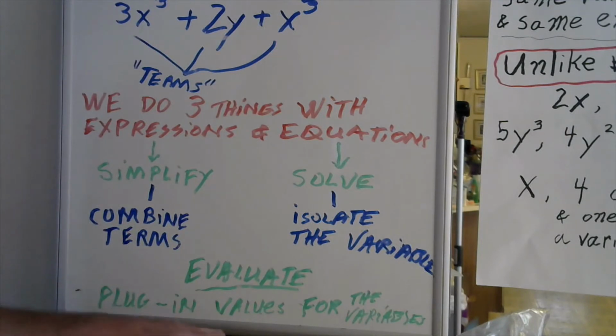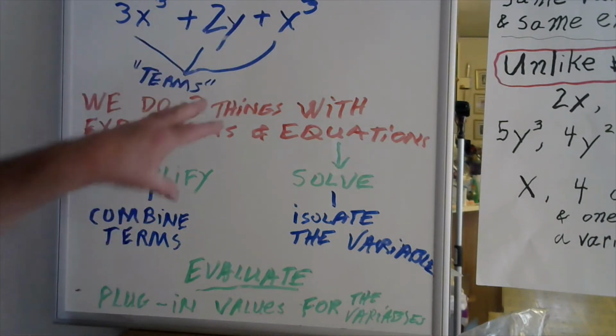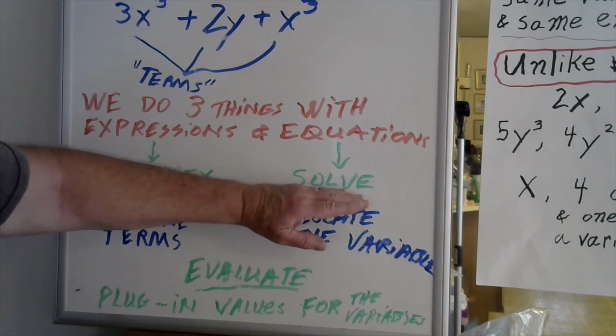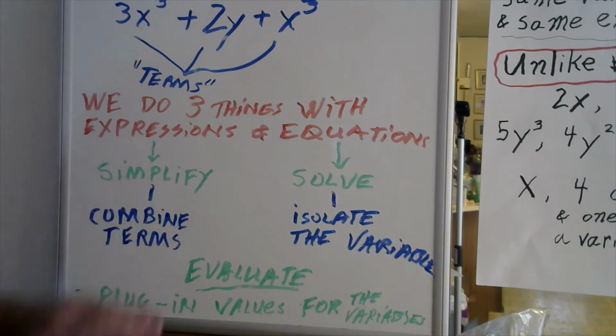They call that evaluating. So you start out with the values for the variables and you plug them in. But in any case, we do a lot of solving equations and simplifying.